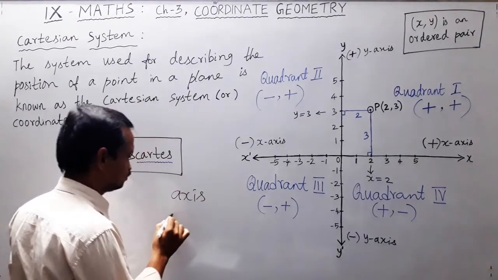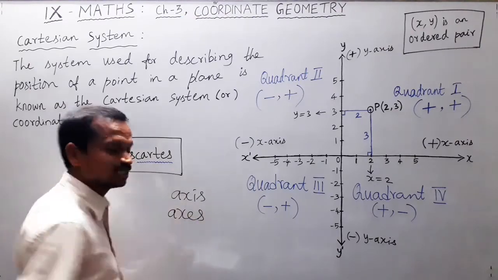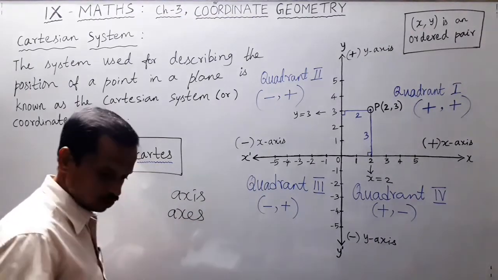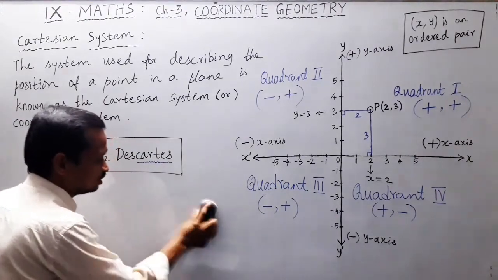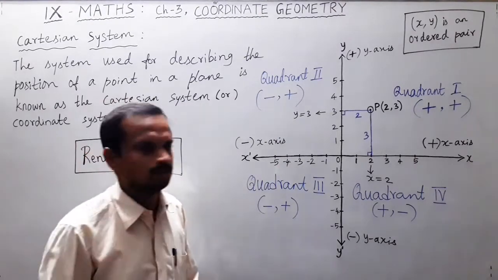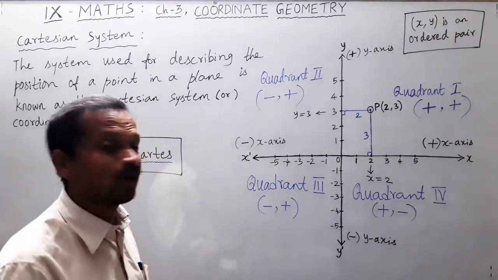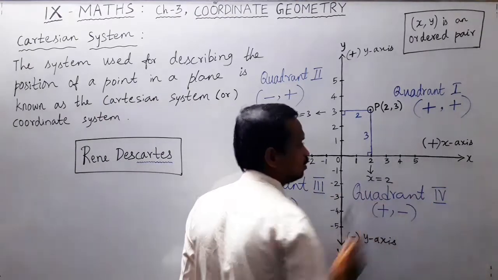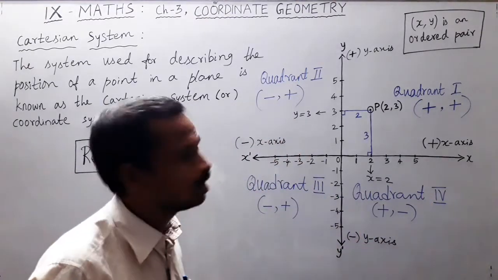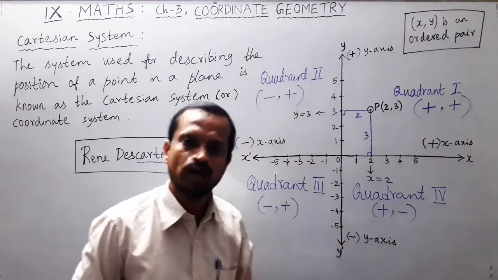Axis singular, axes plural. Clear? Separately, we call it axis: x-axis, y-axis. Together, axes, coordinate axes, the xy axes. This horizontal line is called the x-axis, and the vertical line is called the y-axis.